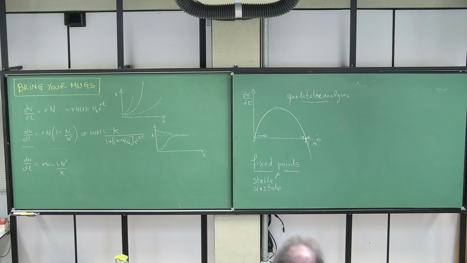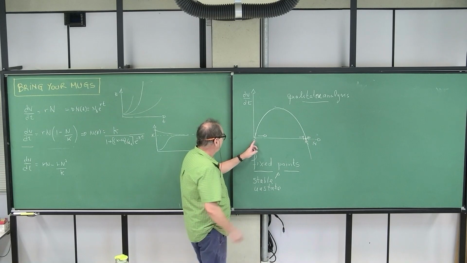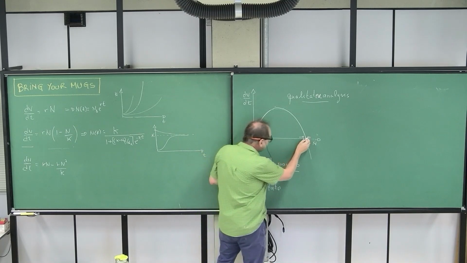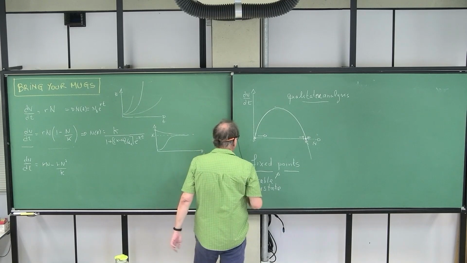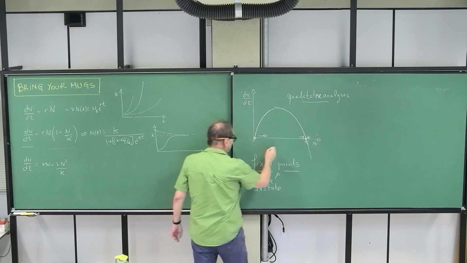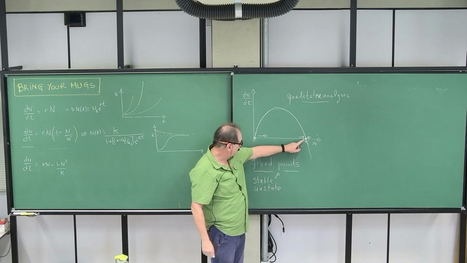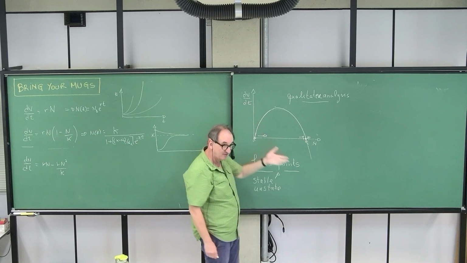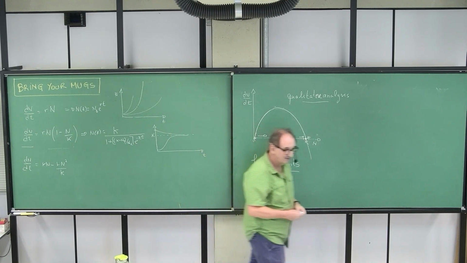No, the derivative is 0. Here is n, and the fixed points are here and here. Here it's 0, but here it's equal to k. This is the derivative. This is n. When you go here, n is equal to k, but dn/dt is 0, meaning it's fixed there because the derivative is 0. Okay.